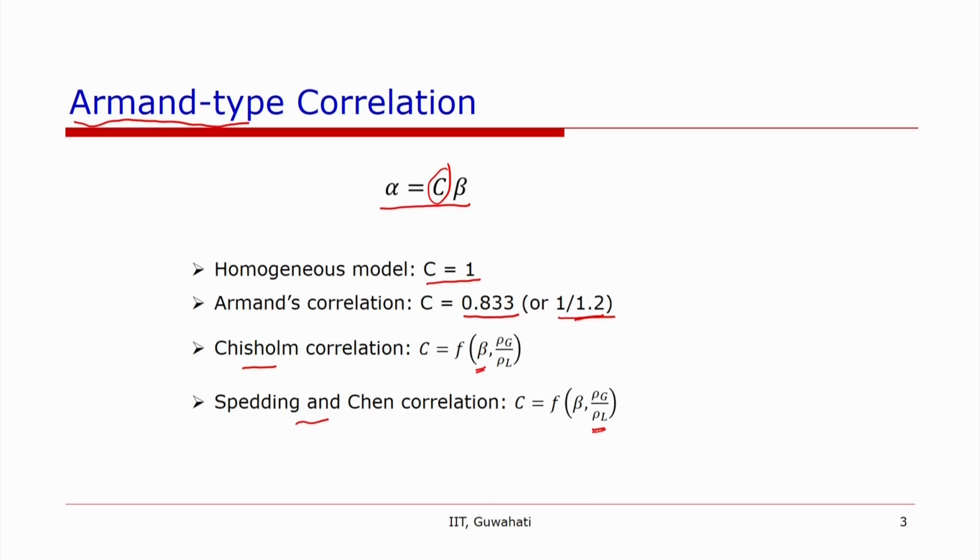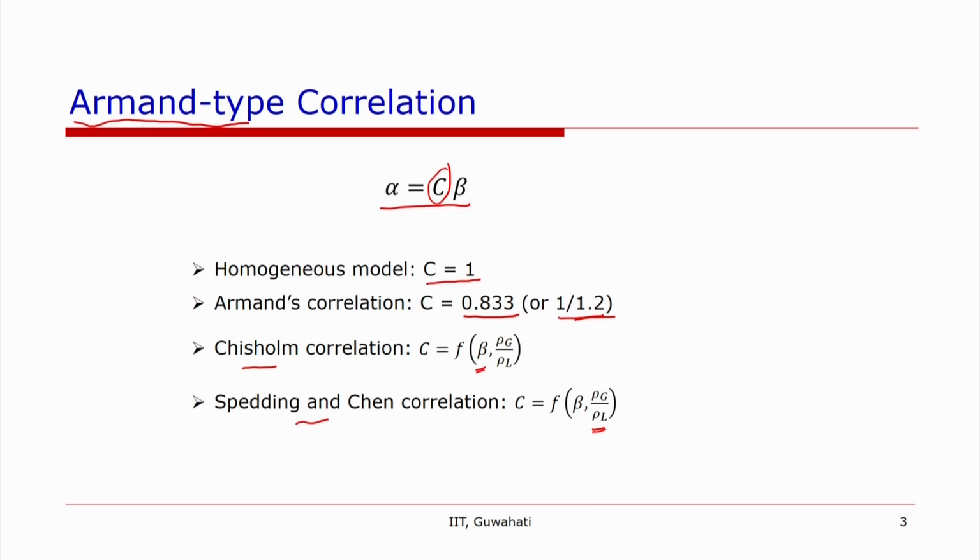So they take into account the density ratio and beta for both the phases.